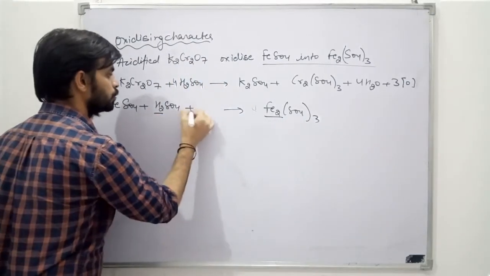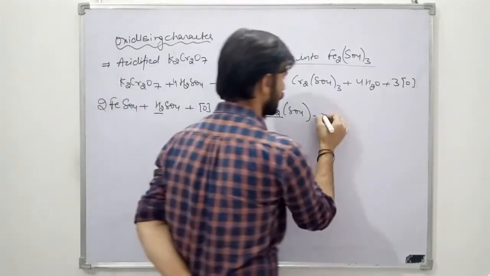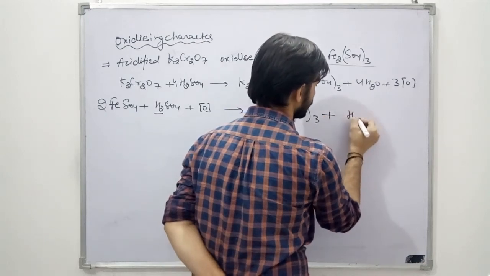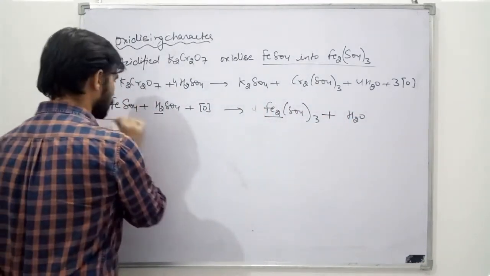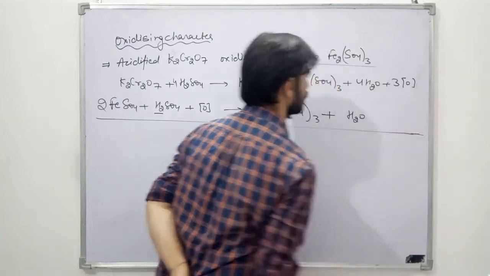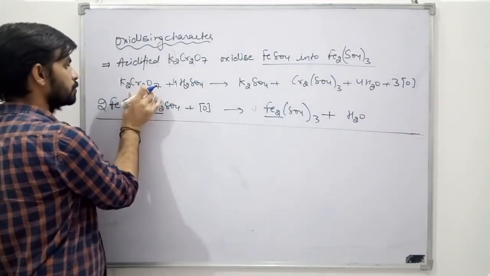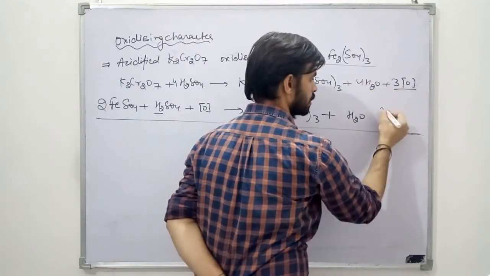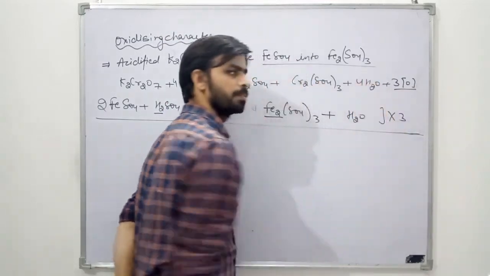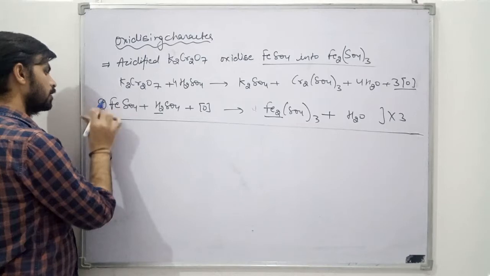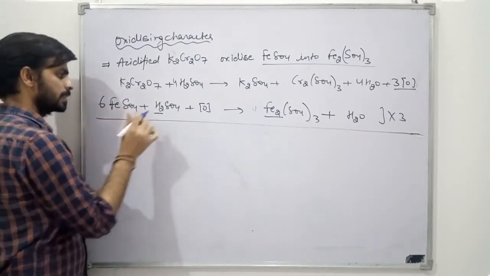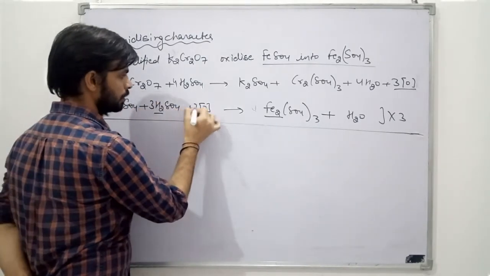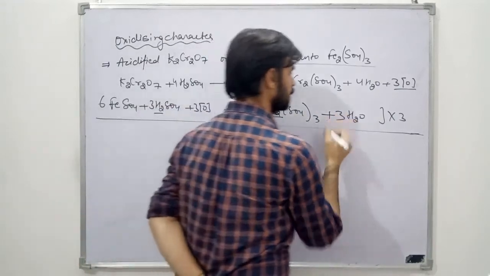Now we have H2, so we have to use nascent oxygen, and it will convert into H2O. But as I told you earlier, one molecule of K2Cr2O7 when acidified releases 3 nascent oxygens, so we have to multiply this equation by 3 and then we get 3 to the 6, here 3, 3, 3 and 3.